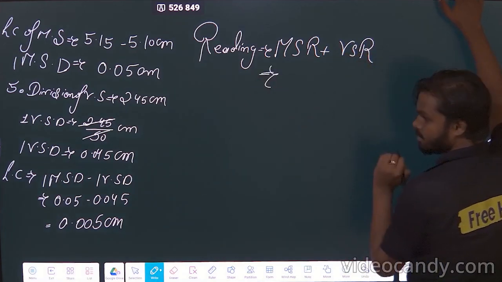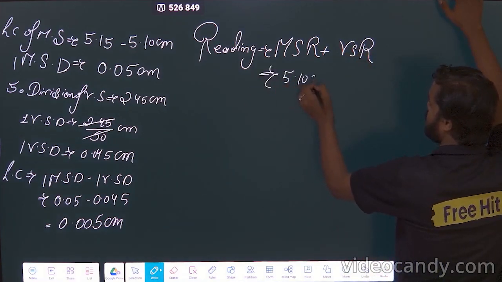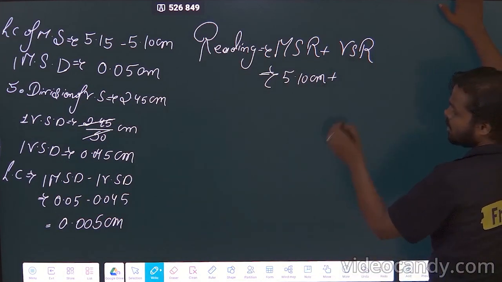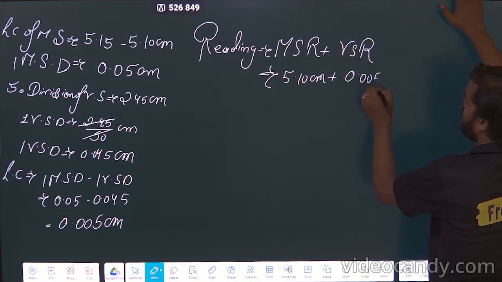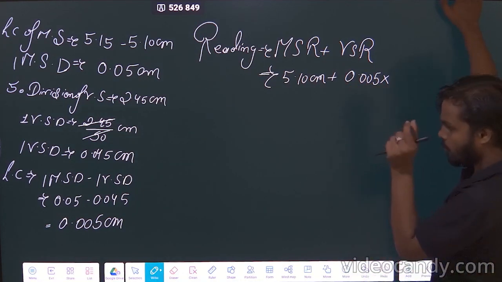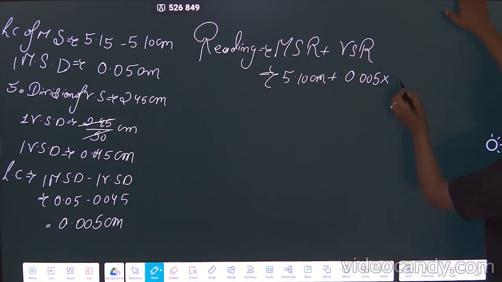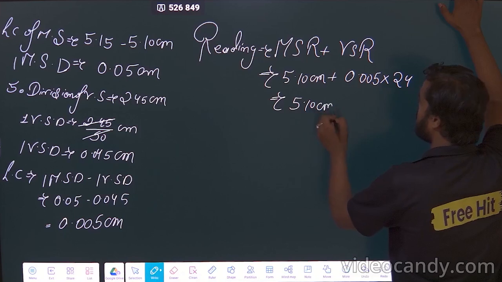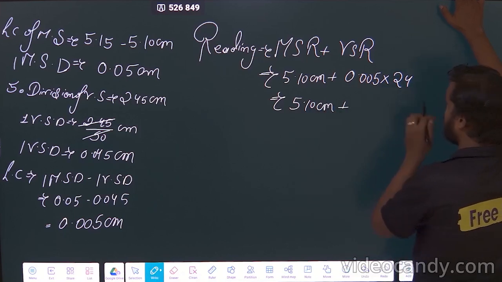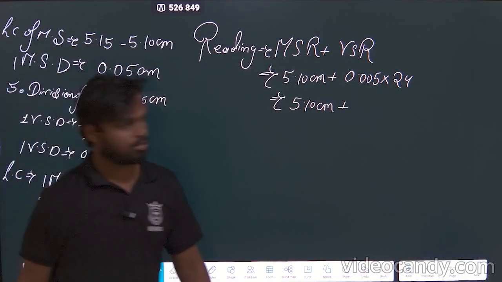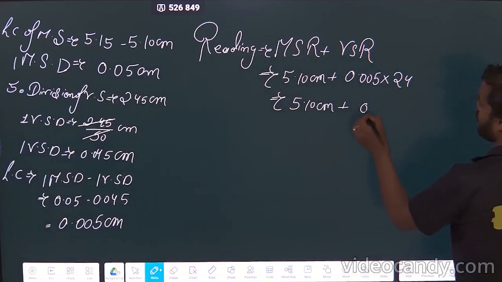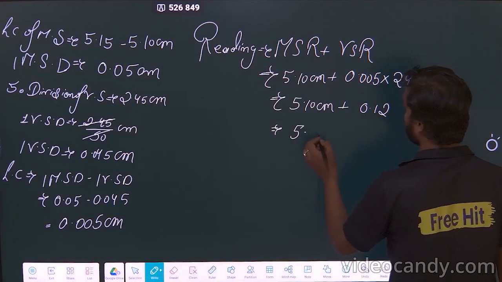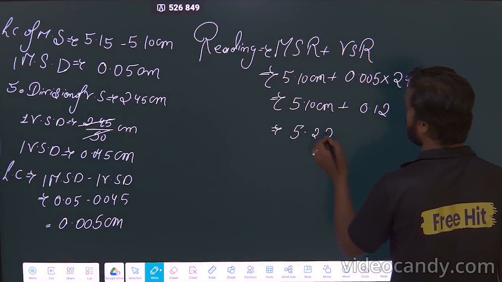My main scale reading, if you remember the initial line, is between 5.1 and 5.15. So it is 5.10 centimeter plus the vernier scale reading. It is least count, 0.005, into which division coincides, that is given as the 24th division. So 5.10 centimeter plus 0.05 into 24, that is 0.12. So this value we will get 5.22 centimeter.